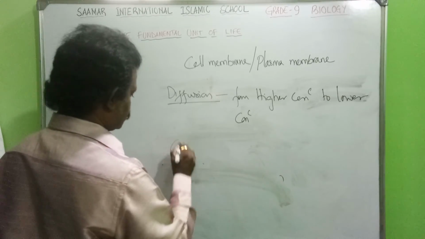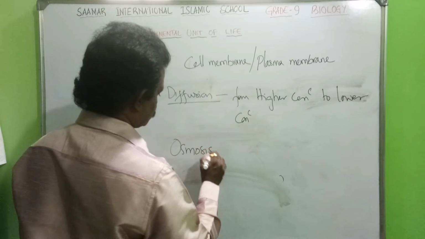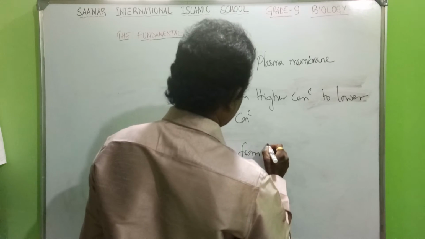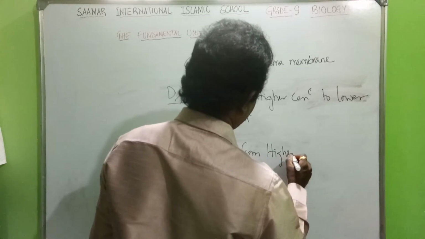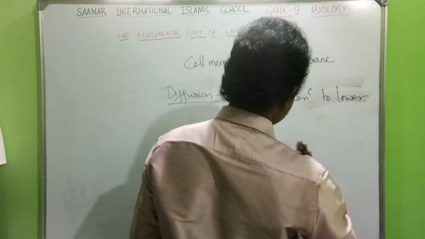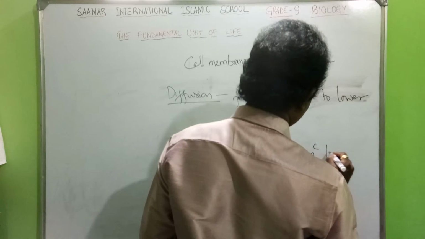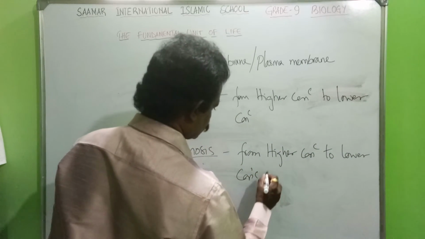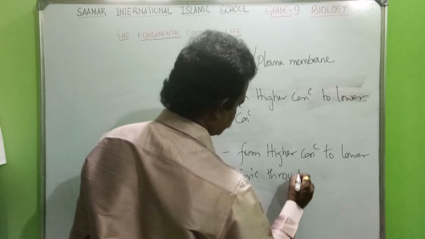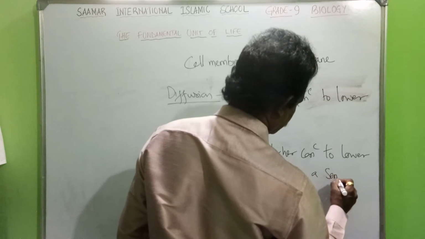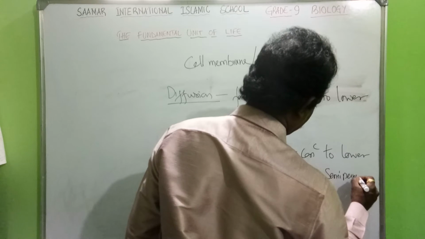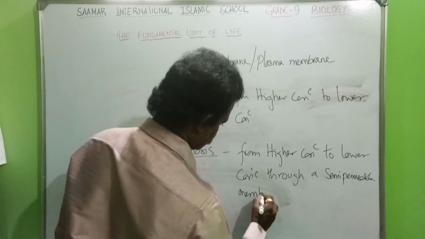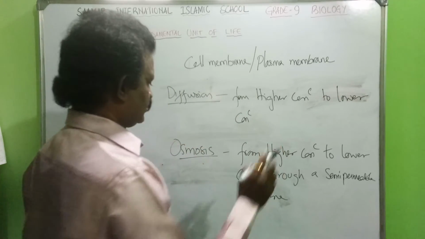Now what is osmosis? Osmosis is movement of molecules from higher concentration to lower concentration through a semi-permeable membrane. Correct? Now this is called your osmosis.